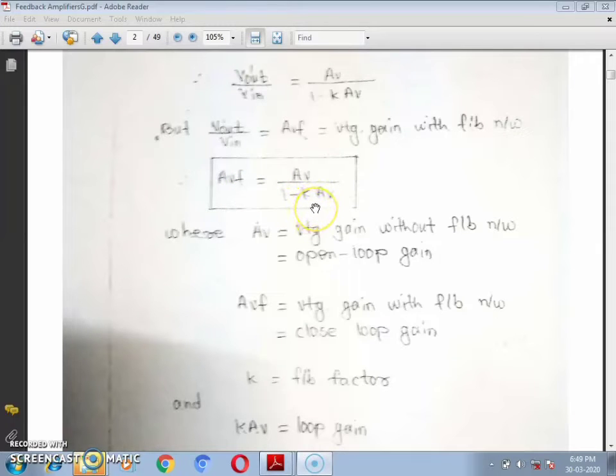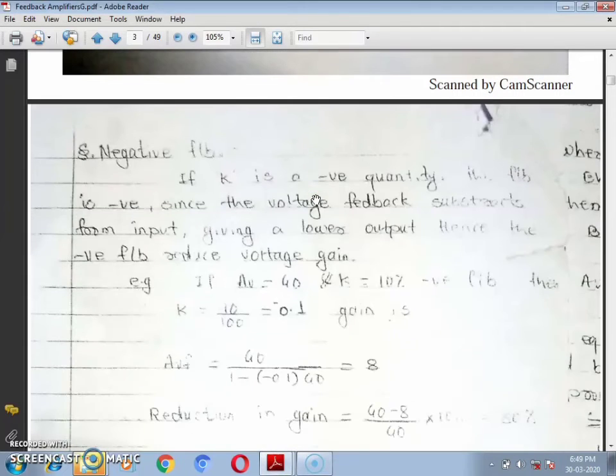Thus by clubbing positive and negative feedback, this AVF can be written as AV divided by 1 minus/plus KAV, where positive as well as negative feedback are covered. For negative feedback, the expression is AV divided by 1 minus KAV.